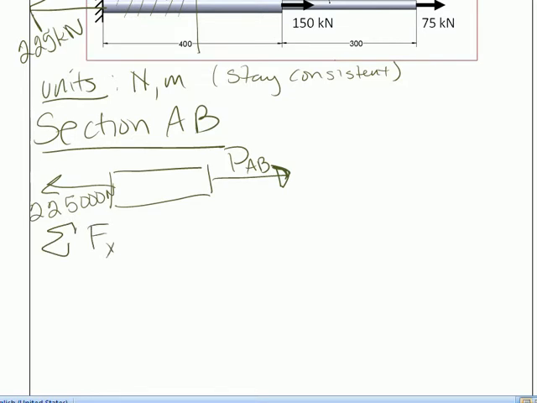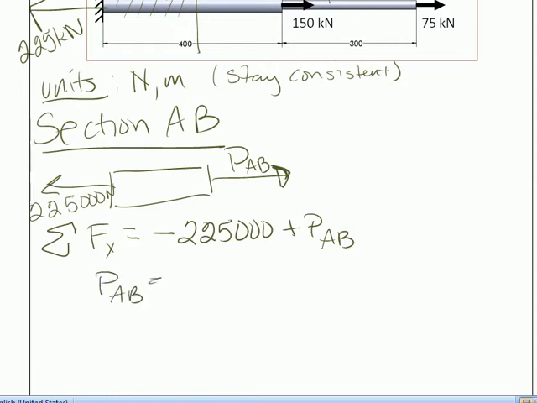The sum of the forces in X is equal to minus 225,000 plus PAB.